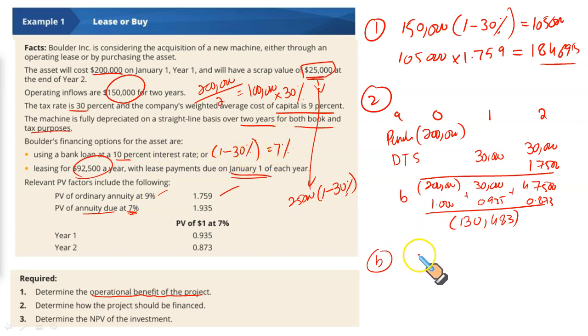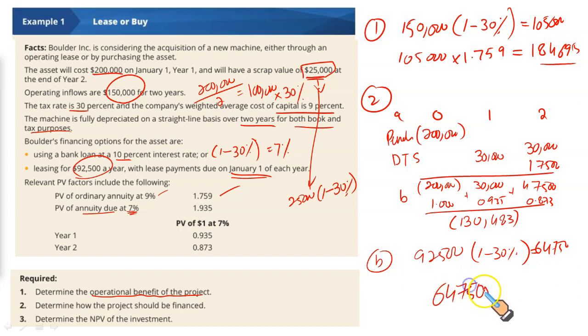So it's going to be 92,500. You need to take this number on an after tax basis. Lease rental is a tax allowable deduction, so 1 minus 30% will give you 64,750. This 64,750 now must be multiplied with the annuity due at 7%.